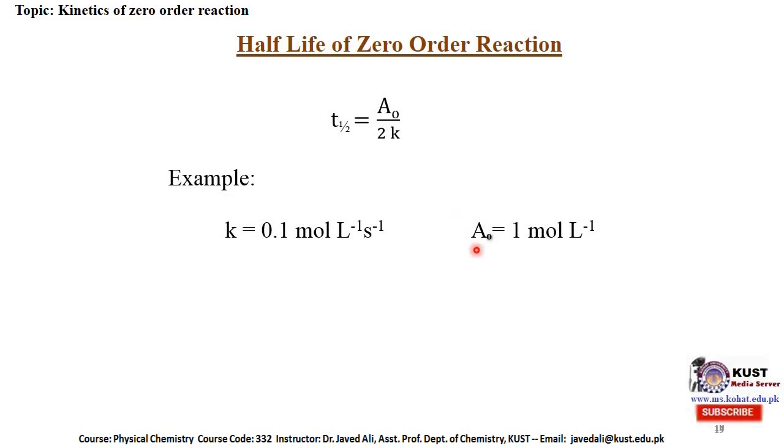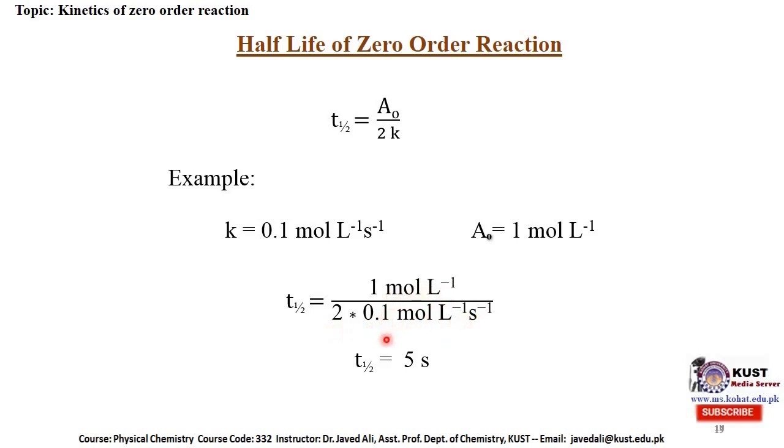Similarly, when the A naught value is 1 mole per liter and k is 0.1 moles per liter per second, by putting the values of A naught and k in the half-life equation, we get half-life equal to 1 mole per liter divided by 2 into 0.1 moles per liter per second.